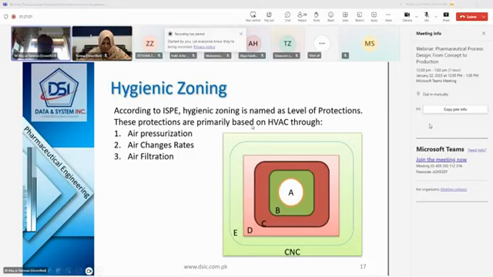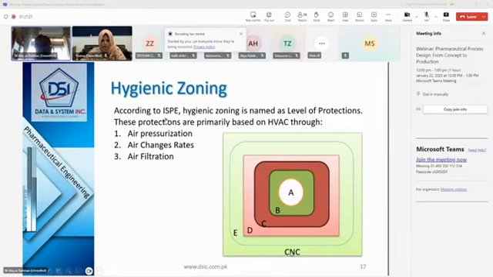HVAC is heating, ventilation, air conditioning. You maintain the cleanliness of a particular area through air pressurization, air changes per hour, and air filtration. So this is a typical protocol of the pharmaceutical area.